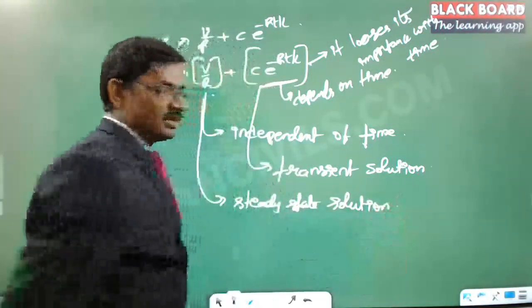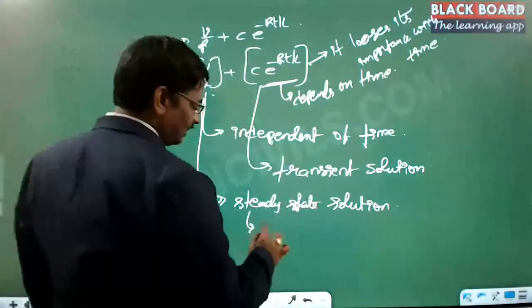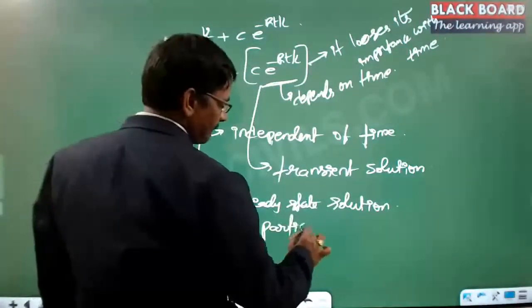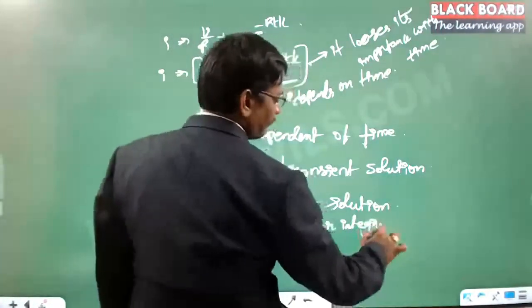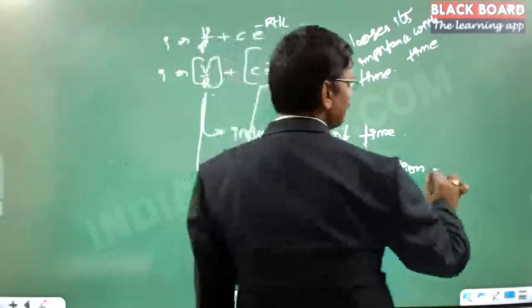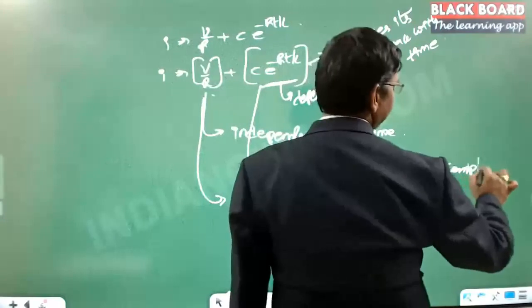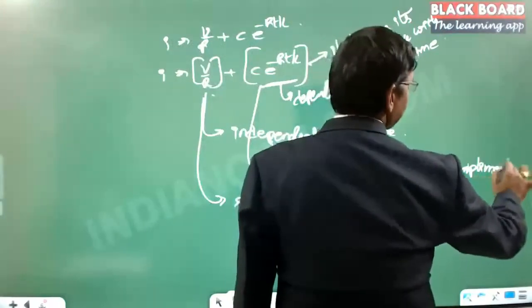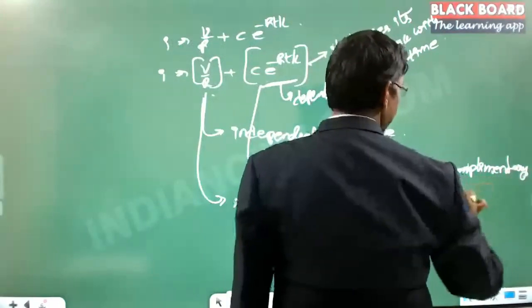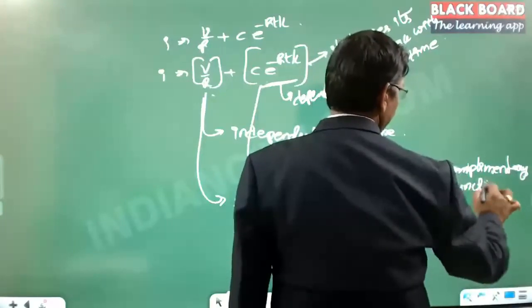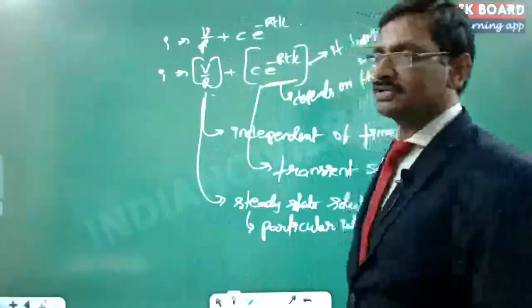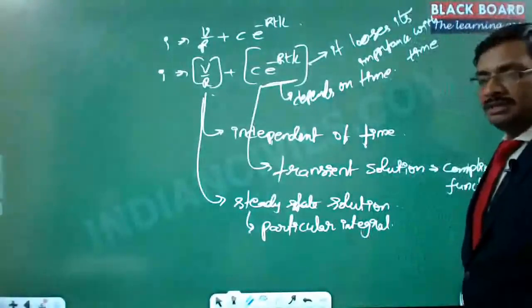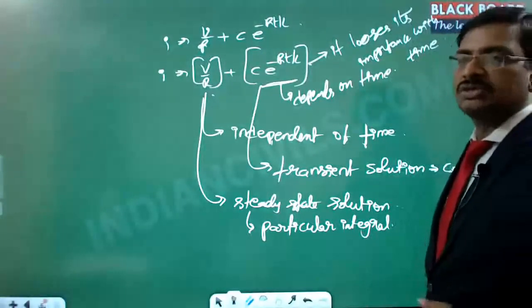In mathematical terminology, the steady state part is the particular integral and the transient part is the complementary function. So the complementary function and the particular integral are nothing but the transient solution and the steady state solution respectively.